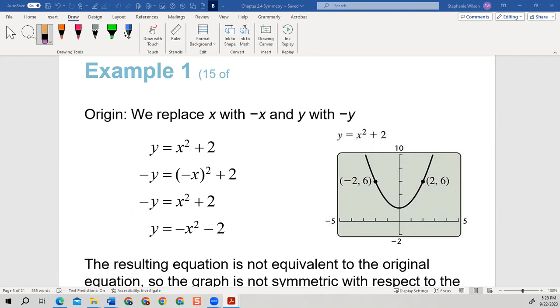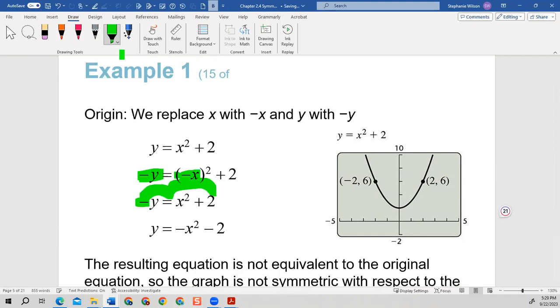So this one says, let's replace X with a negative value, and let's replace the Y with a negative value. And if the changed equation is equal to the original, then we're going to say it's with respect to the origin, because we replaced X and Y. So here we go, we put the negative on the Y and the negative on the X. When we put the negative on the Y, we have to distribute it.